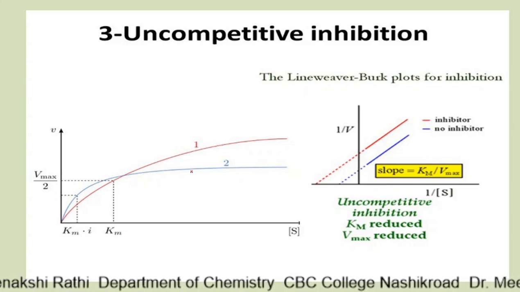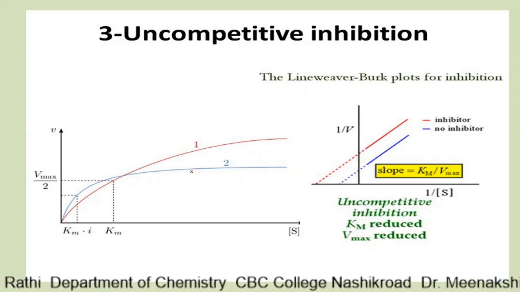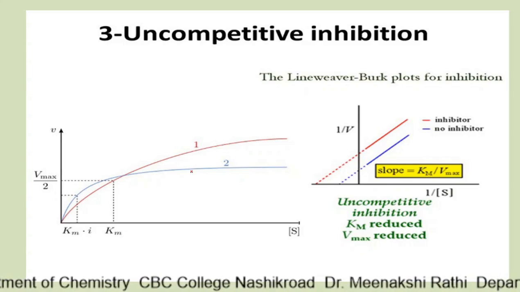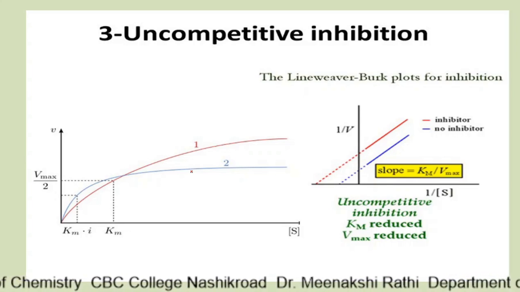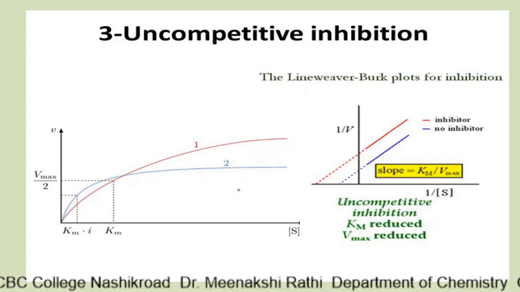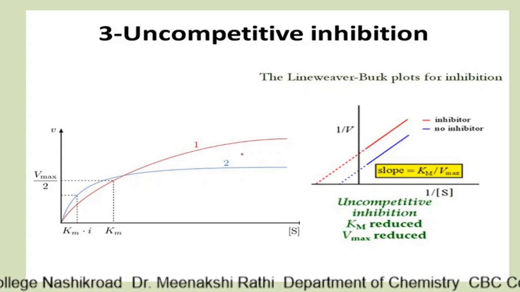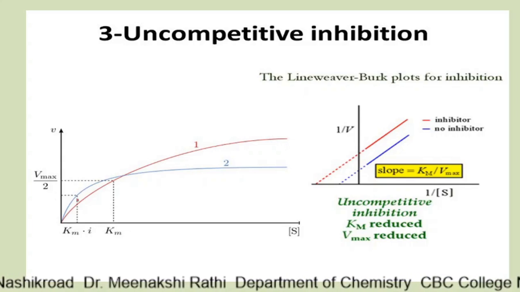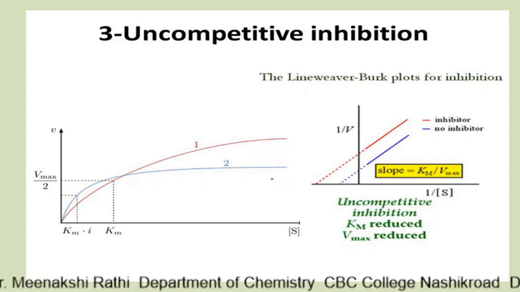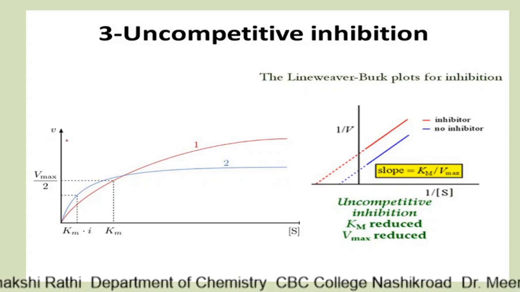Now, these are the direct plot and Lineweaver-Burk plots for uncompetitive inhibition. In these you can see the red line is for inhibitor and the blue line is for no inhibitor. In both the cases, Vmax is changed.